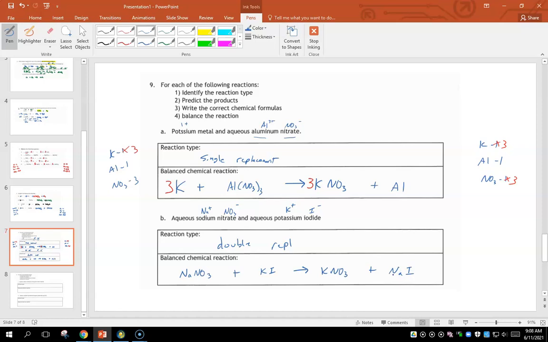Now, some of you, if you took some more advanced chemistry, you might recognize that all of these would end up aqueous, and there actually wouldn't be a reaction here. But for the sake of this and my students this year, we'll just predict that a reaction does occur, and it looks just like this. And everything is already balanced. There's one of everything, so that's a piece of cake.